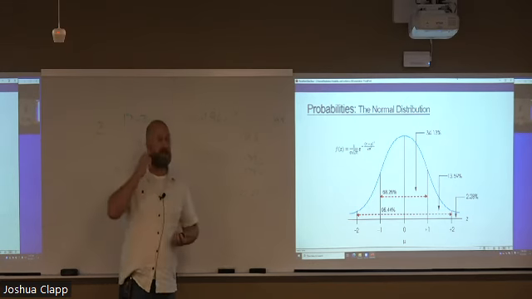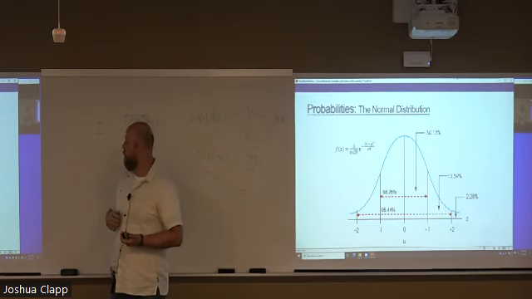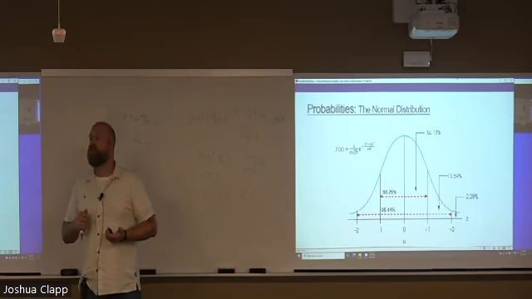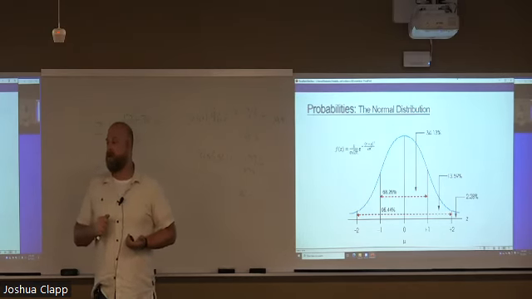So if I ask Johnny, what is the likelihood of randomly selecting a score that's more than 2 standard deviations below the mean, if scores follow a normal distribution?